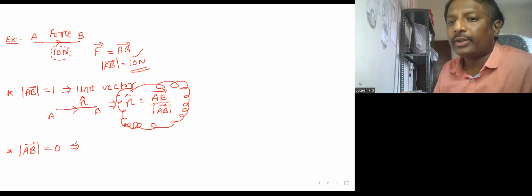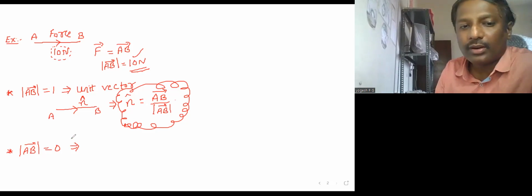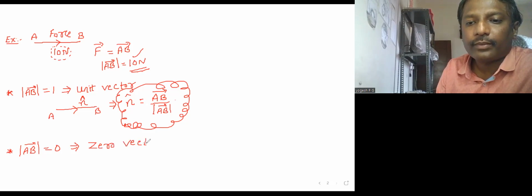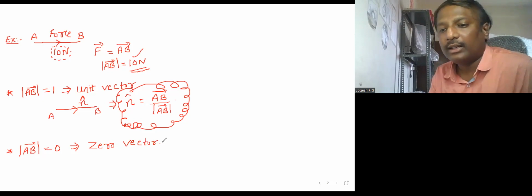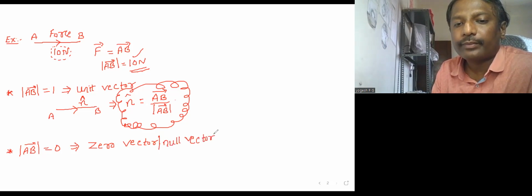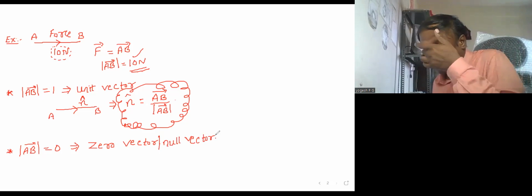No. If the magnitude is 0, it is a zero vector. This zero vector is also called a null vector.